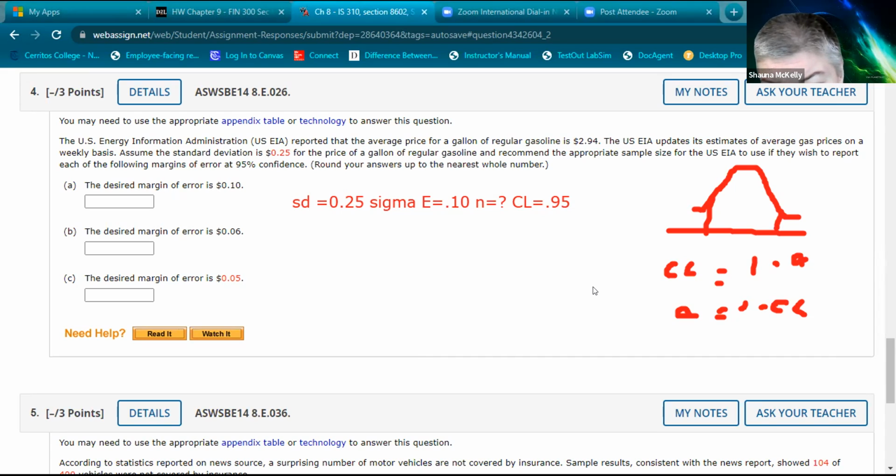So this would be inverse norm of 0.975, and you should come out with 1.96 as your Z. So every time you're doing a confidence level for a mean, Z is equal to 1.96. That's because this piece in here is 95%.